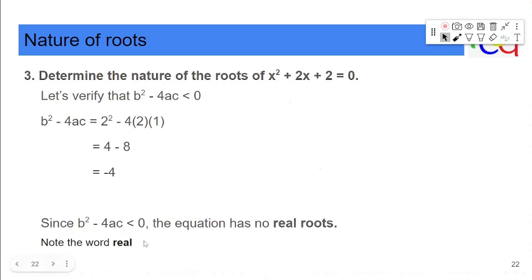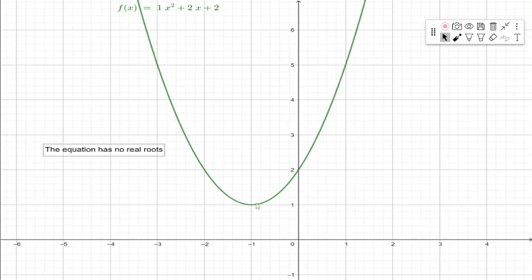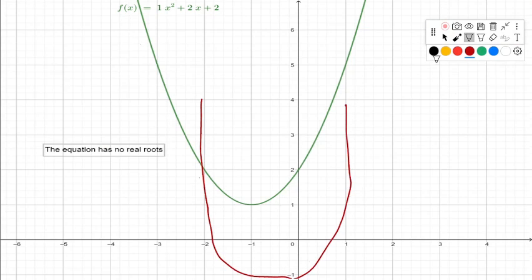I just said note the word real because it does have roots. It just has no real roots. So here's what that looks like on the graph. Unlike the other two graphs, which were something like this and something like this, that's not great, but you get the point.